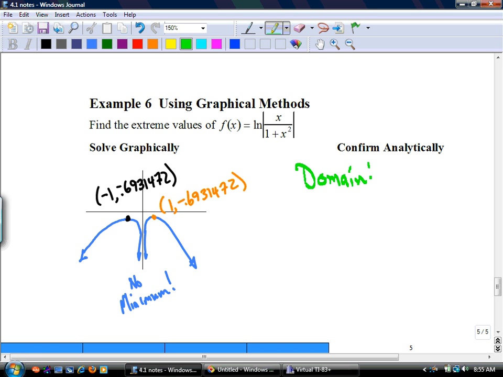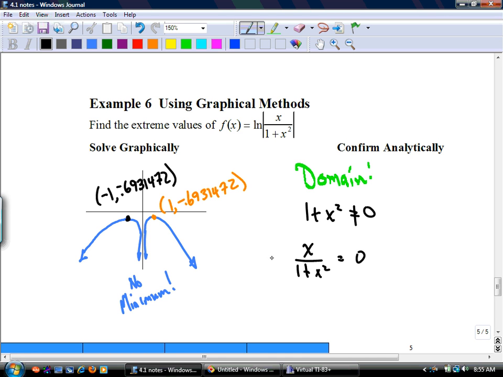So, are you ever dividing by 0 here? 1 plus x squared. No. It's like grandma. Positive always. 1 plus x squared is always positive. Well, it doesn't hurt that there's the absolute value symbol around it, right? So, 1 plus x squared never equals 0. But x over 1 plus x squared can equal 0.